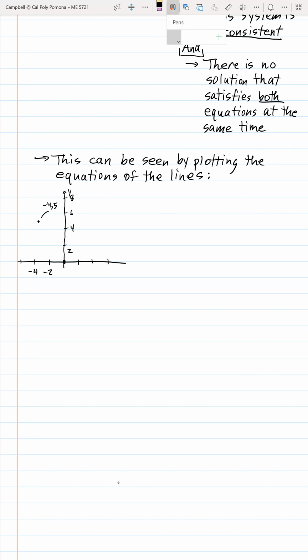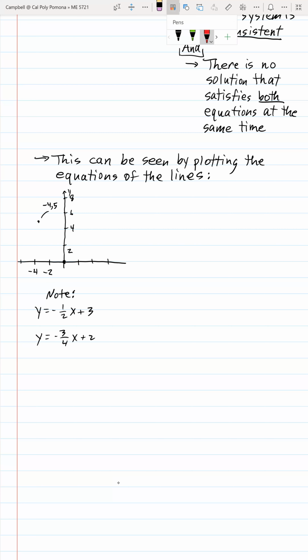Let me rewrite those equations. So what do we have? We have y is equal to -1/2 x plus 3. We have y is equal to -3/4 x plus 2. So looking at the slope with a rise over run, a rise of 1 and a run of 2, but of course the negative slope means we're dropping. Let's do that one in red.